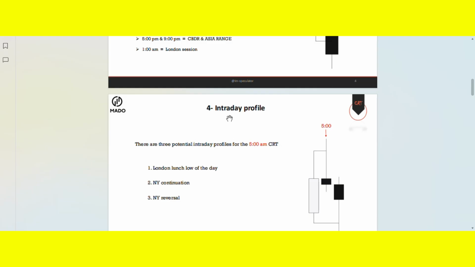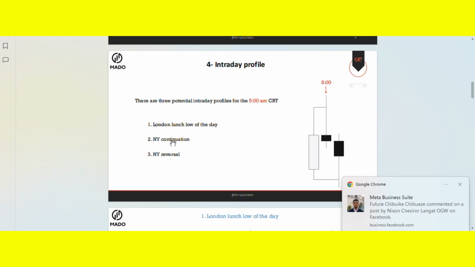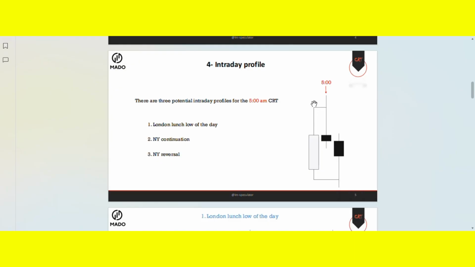The fourth one is what they call the intraday profile. There are three potential intraday profiles for the 5am CRT. The first one is the London lunch low of the day, the New York continuation, and the New York reversal.